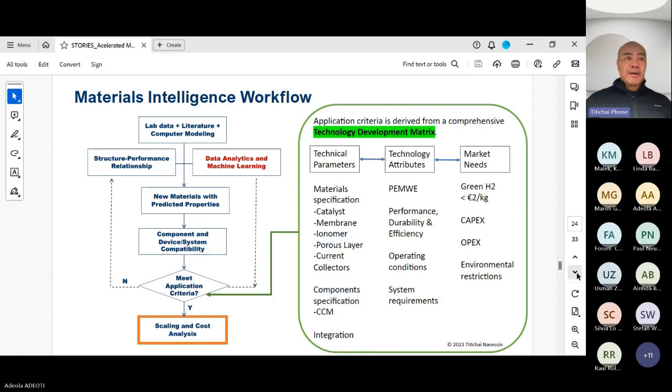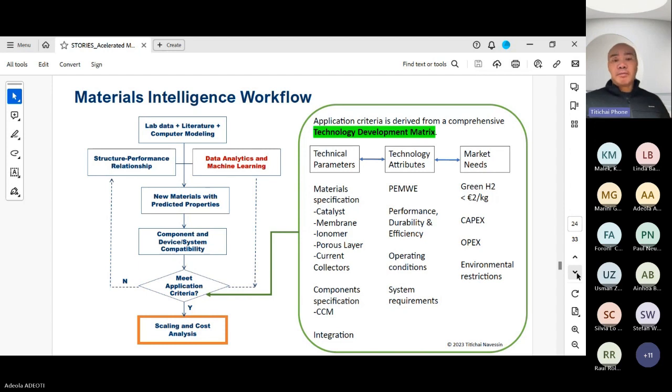and deciding that? A successful example that has been deployed in the space of hydrogen and fuel cell is the use of the technology development matrix. It's been used in the development of fuel cells, PEM fuel cells, quite successfully.